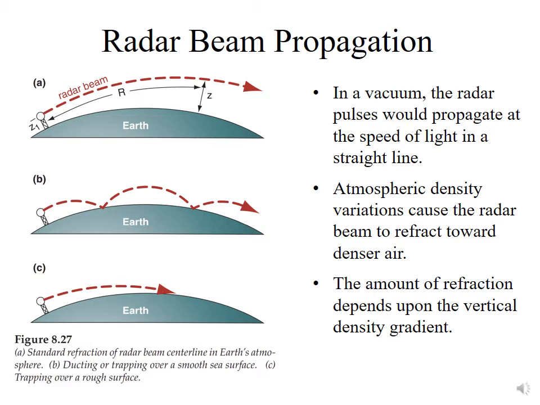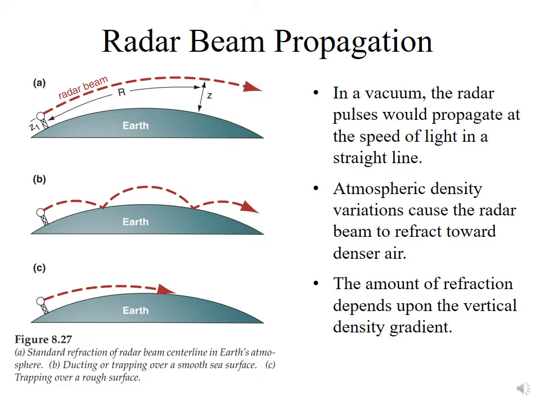If the surface is rough, then the radar beam will not reflect off the surface, and you'll just get a strong signal at that distance, at that range, and then nothing beyond it. That's the example there in part C of the figure. The ducting is where the surface is reflective and the radar beam keeps impacting the surface before bouncing back up into the atmosphere and then being refracted back down.